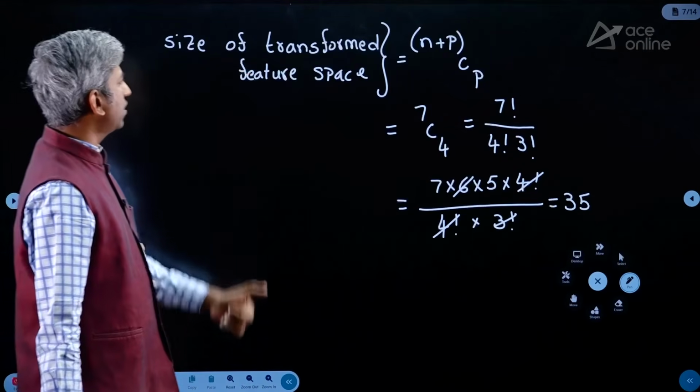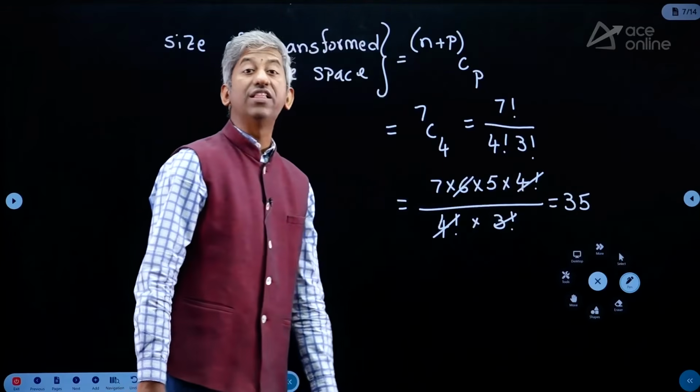So the size of the transformed feature space is equal to 35.